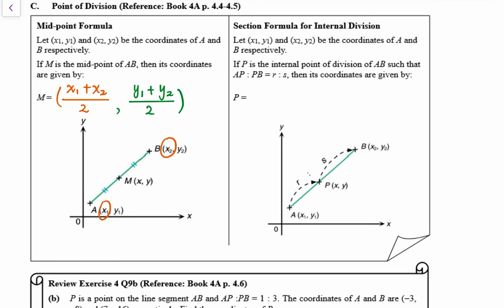We also have learned the section formula for internal division.